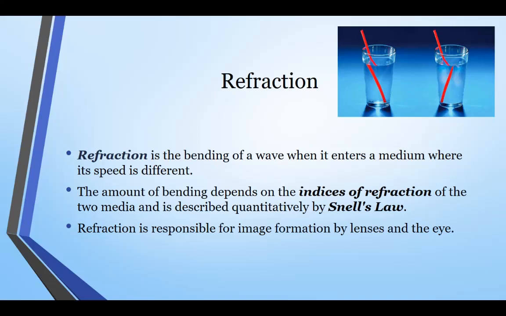Refraction is responsible for image formation by lenses and by your eyeballs. So when you see, whether with or without glasses, you are using this refraction property. If you use glasses, you're using it even more to correct the position where the actual image is showing up or where the light is focusing.